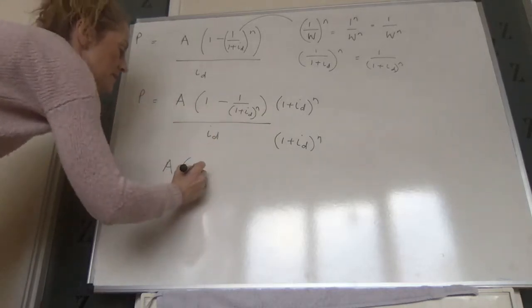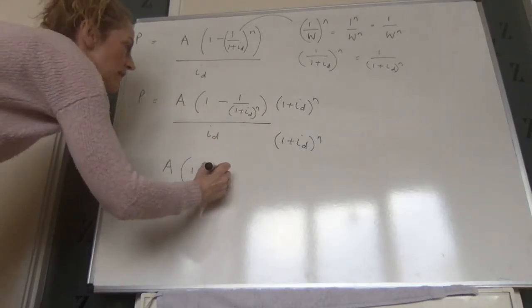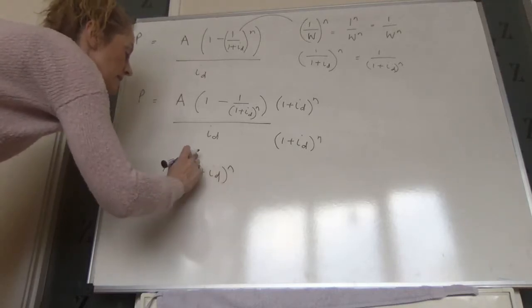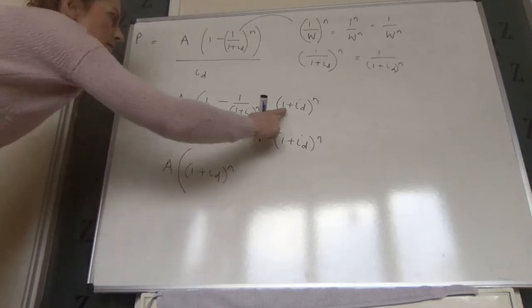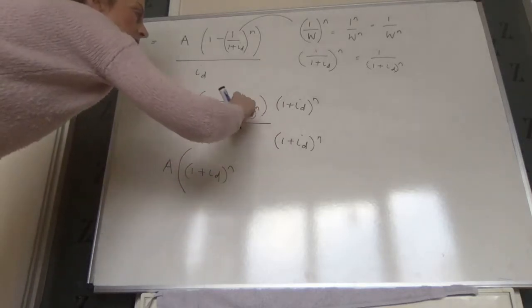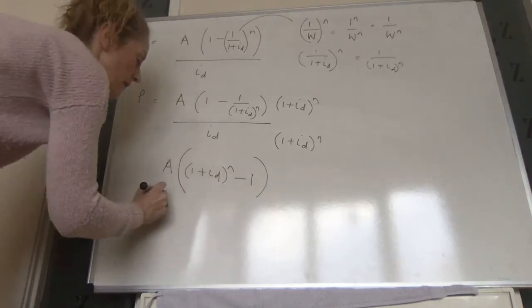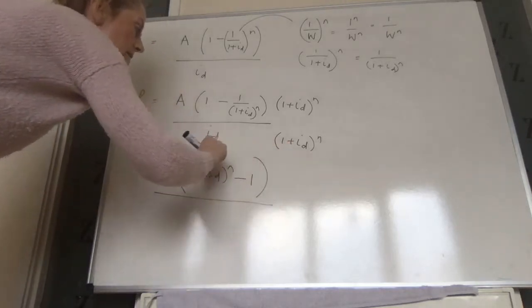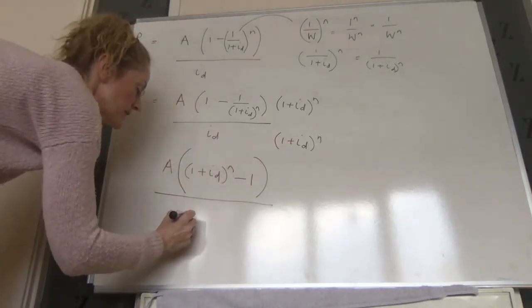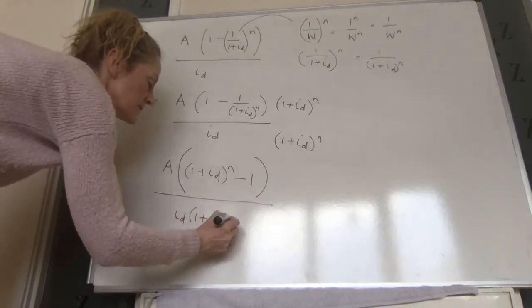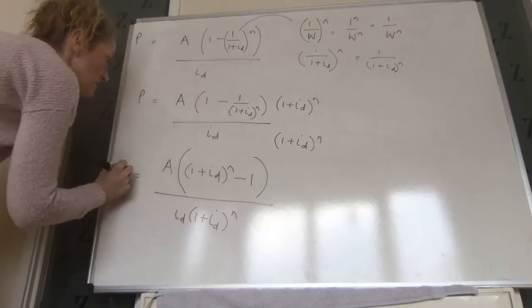That times that is (1 plus I) to the power of n. So that's that times that, and that times minus 1 over itself just gives you minus 1. And on the bottom, that times that just gives you I times 1, or I as a decimal times 1 plus I as a decimal to the power of n. And that's equal to P.